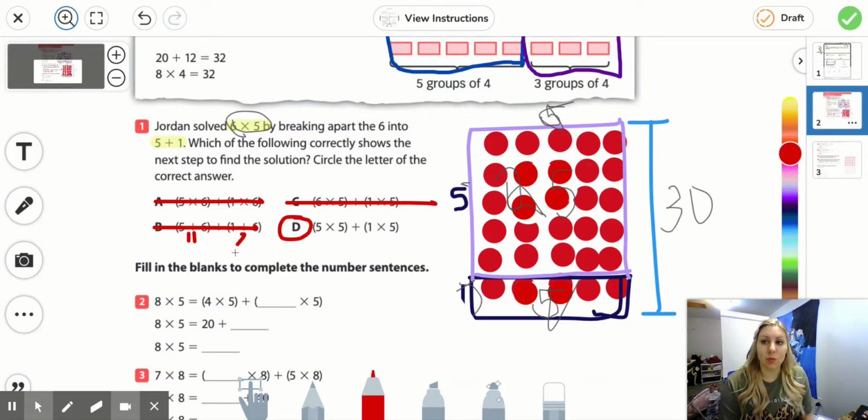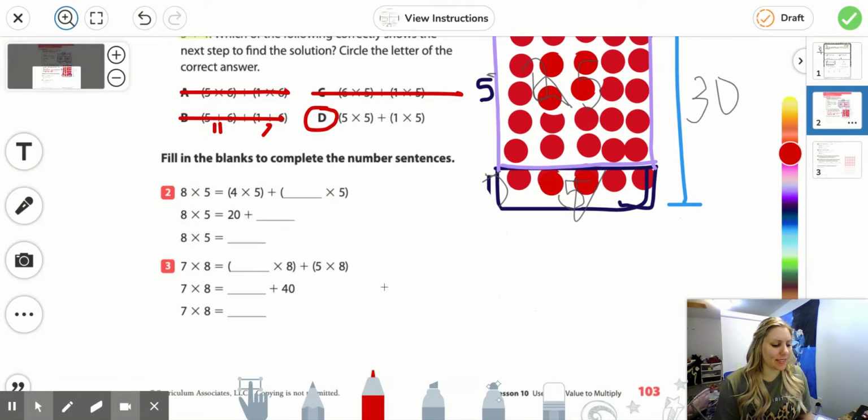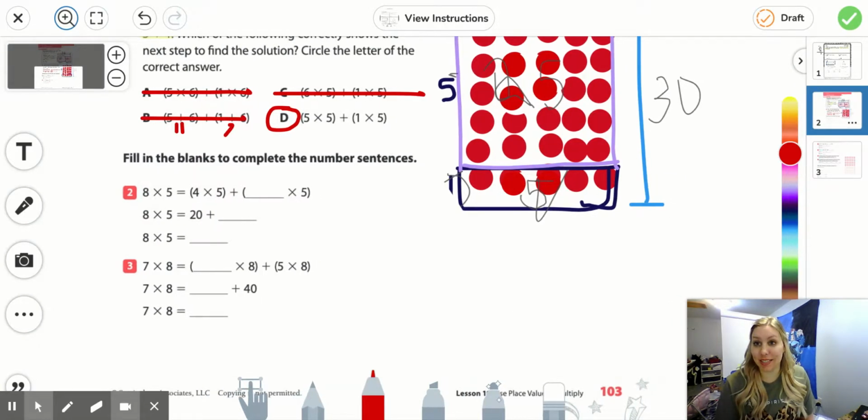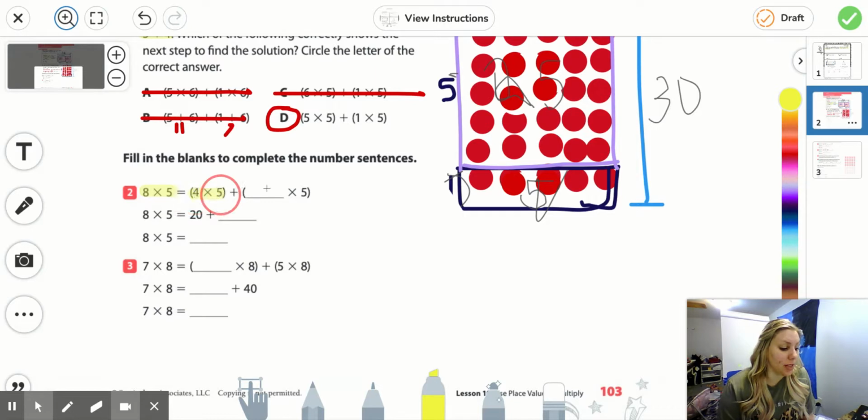All right, we ready after my mix-up? Let's look at number 2. It wants us to fill in these blanks for these number sentences. So now it says that my total equation is going to be 8 times 5. It wants me to break it up to 4 times 5 and another equation.